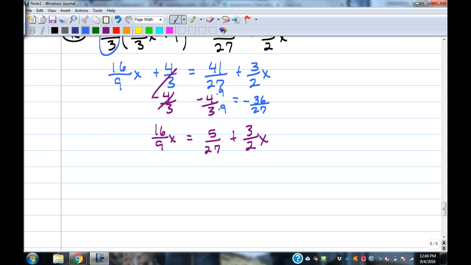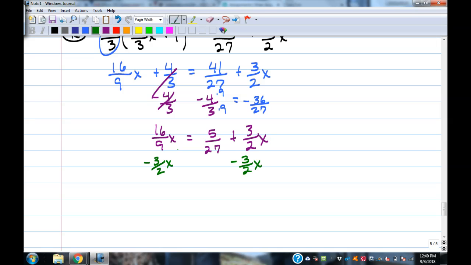That's just multiplying both the top and bottom by 9 to get the 27. 41 minus 36 is 5. Yep, minus 3/2.